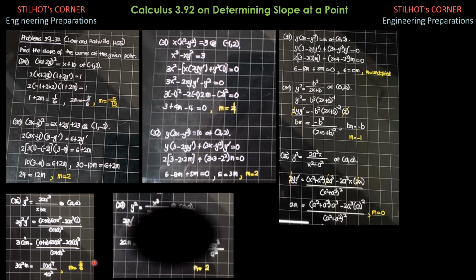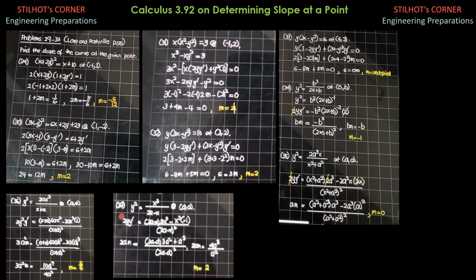Then finally, 37, y squared equals x cubed over 2a minus x at the point a comma a. So 2y y prime, differentiating, equals denominator 2a minus x, derivative of numerator 3x squared, minus numerator x cubed, derivative of denominator negative 1, all over denominator squared, 2a minus x quantity squared. So substitute the value of x and y, 2y, so 2am.